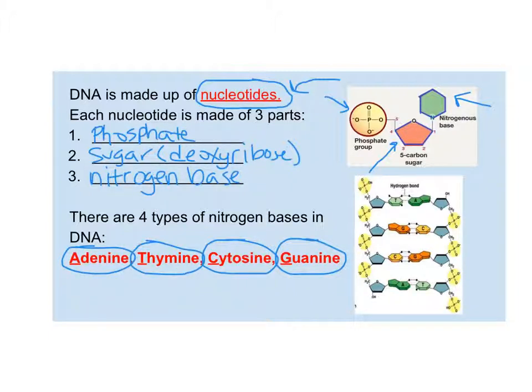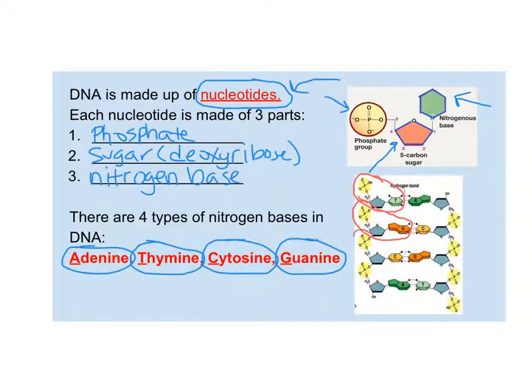Now I want you to look at this DNA molecule over here to the right. Now you can see DNA here is a nucleotide. There's the phosphate, the deoxyribose sugar, and there's the nitrogen base thymine. Here is another nucleotide. The phosphate bonded to another deoxyribose sugar, and this time bonded to the nitrogen base guanine.